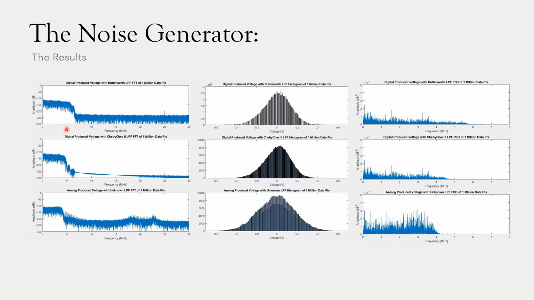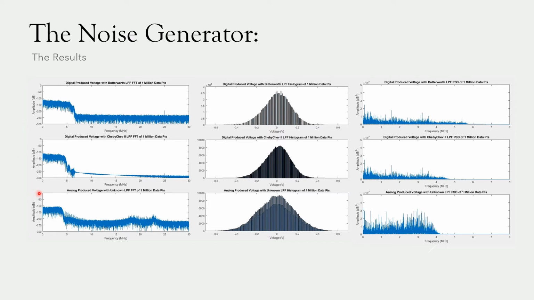Here you can see it's between 4 and 5 megahertz, and we can see that we have a nice steady pass band with very little peaks, a nice sharp roll-off to a lower decibel level, and then a stop band that hardly ever peaks past its normal ripple. Here you can see our noise is indeed normally distributed, and here is the power spectrum density graph where you can see a very uniform distribution.